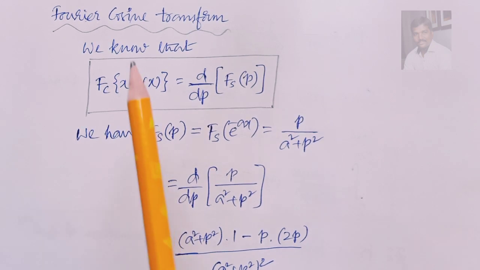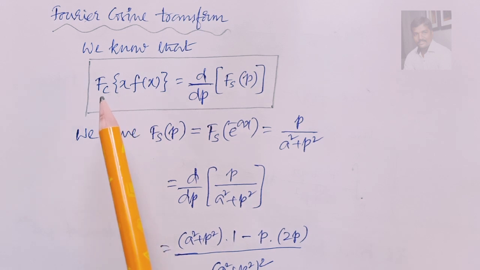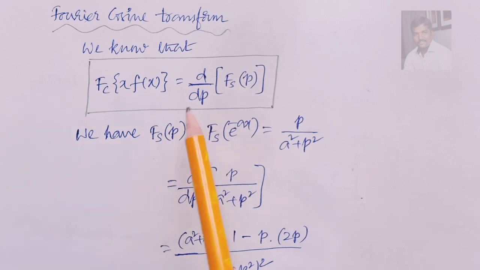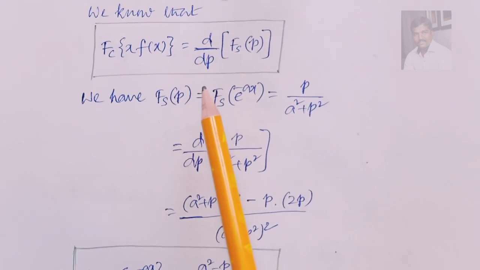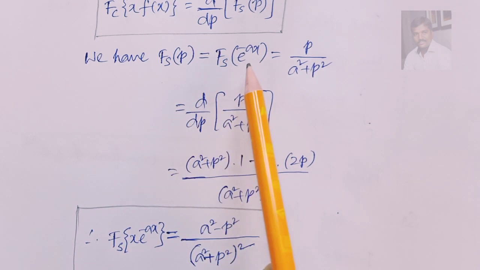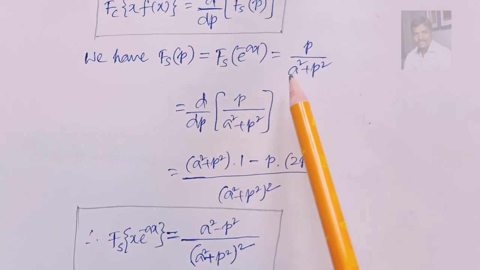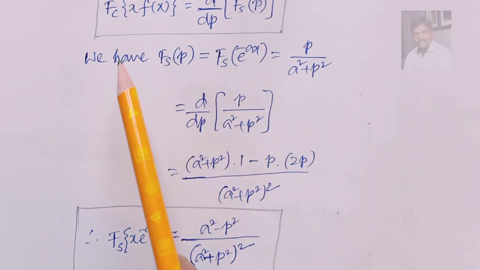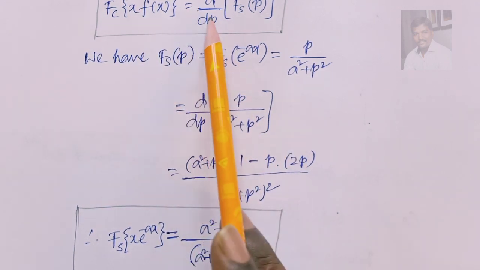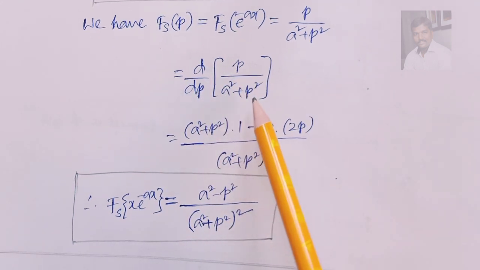Now for the Fourier cosine transform, we know from the properties we already discussed, fc of x into f of x is equal to d by dp of fs of p. So this is the formula we are going to use. We have fs of p, that is the Fourier sine transform of e power minus x, is equal to p by a square plus p square. This one we have done in the previous problem. Now by using this we can find the Fourier cosine transform of x into e power minus x. That is equal to d by dp of p by a square plus p square.